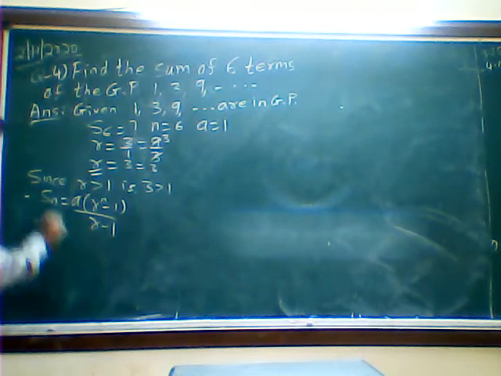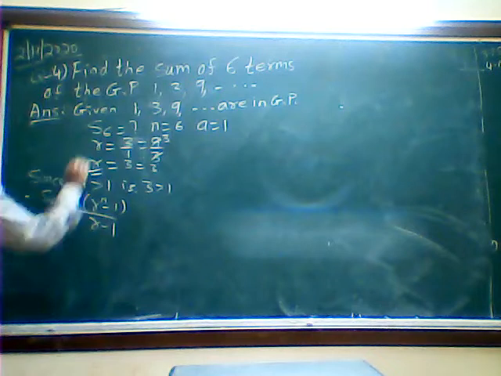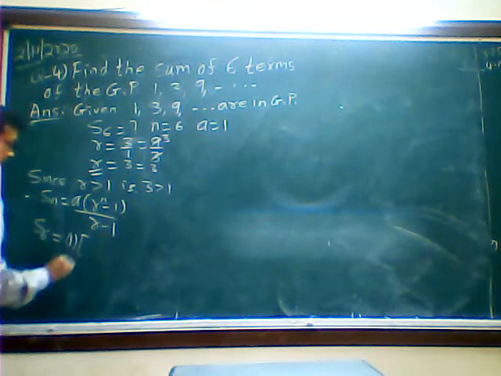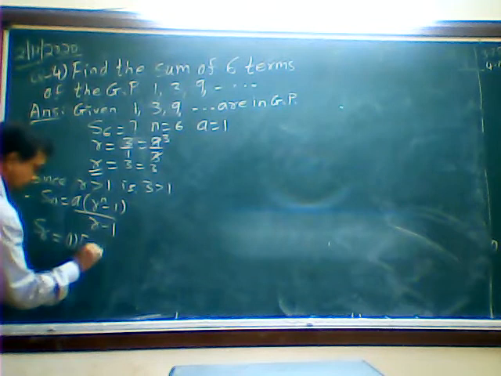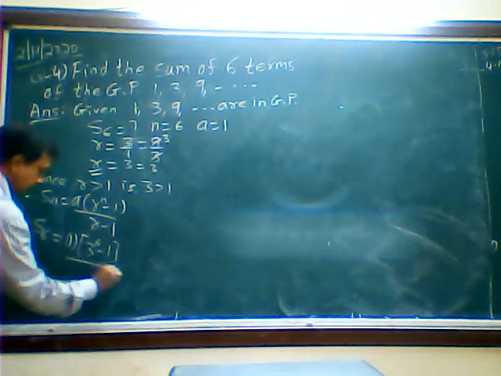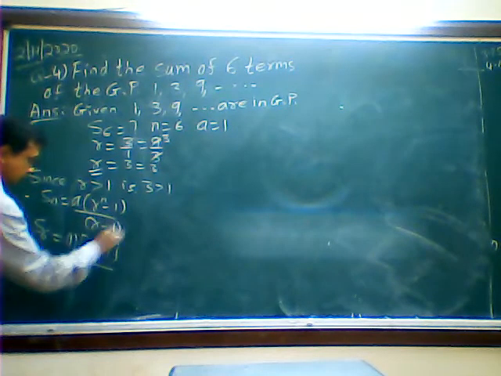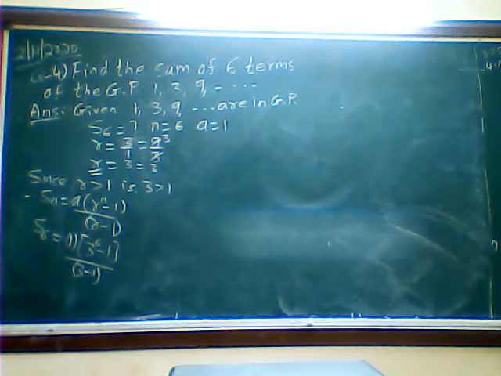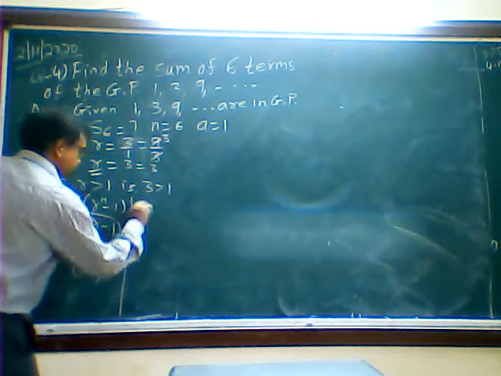So S6: A is 1, r is 3, so 3 raised to 6 minus 1 divided by 3 minus 1. Yes or no? r is 3. So what are we getting?